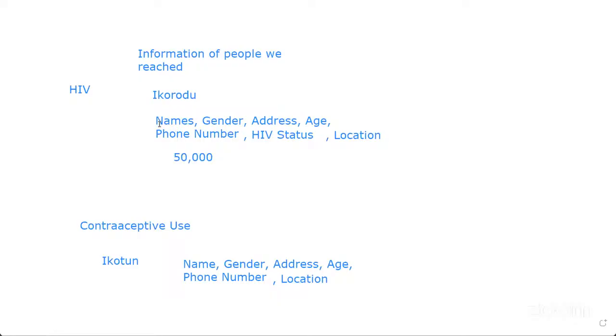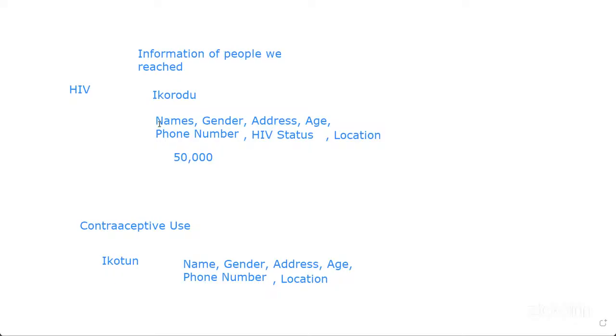when we give them awareness, we have told them that after 3 weeks, anytime from after 3 weeks, if you have had unprotected sex or anything, and you feel you need us to check your status again, call us.